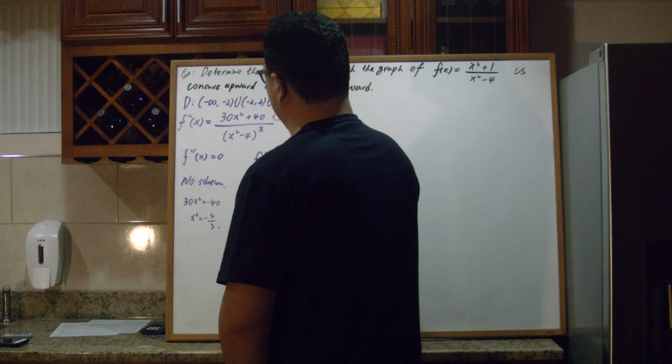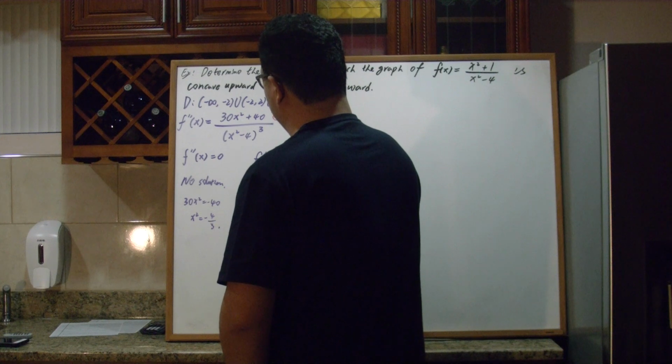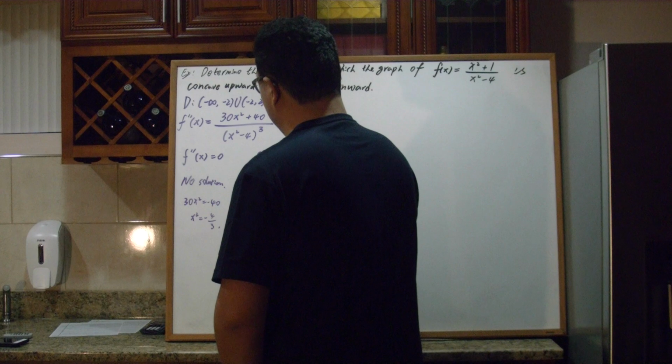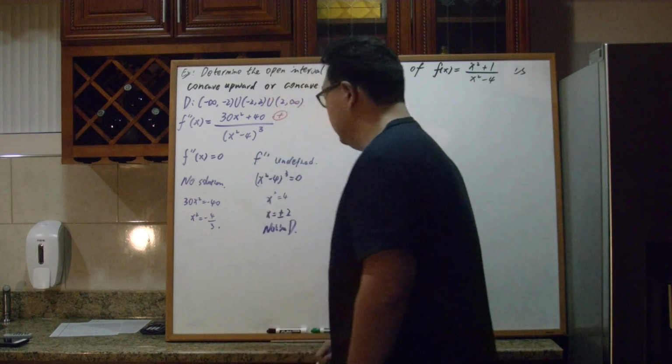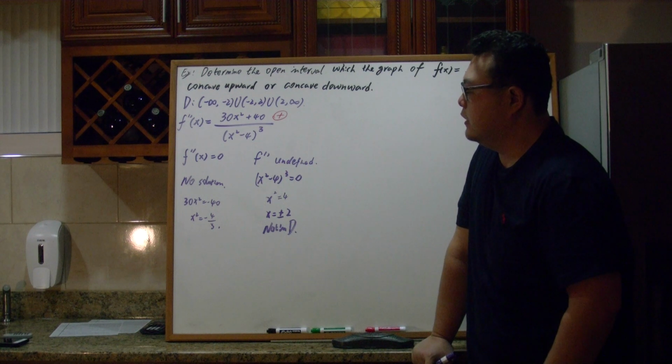That is x equals positive or negative 2, which is not in our domain. So one, we don't have any solution, and the other, f double prime undefined, is not in our domain.